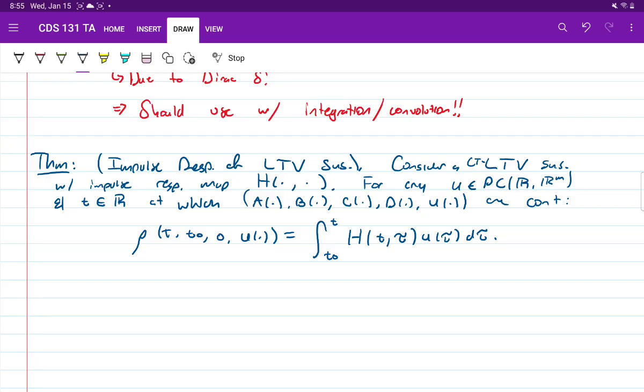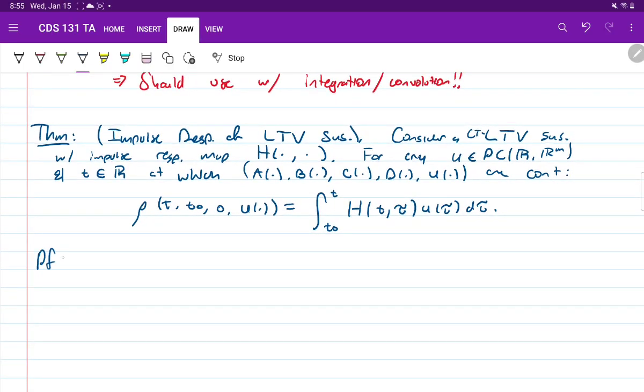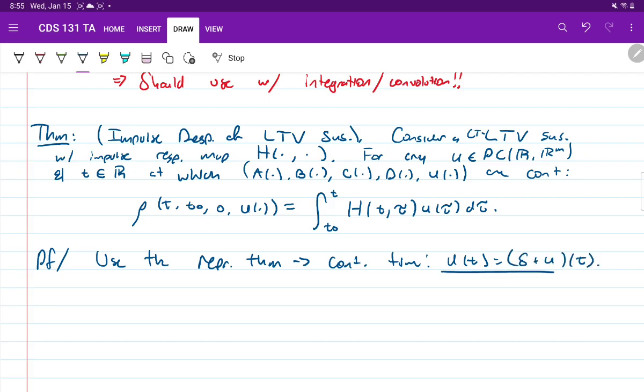Again, the basic proof of this is you use the representation theorem, but now in continuous time, which states that u of t equals delta star u of t. You could do a couple of manipulations there to get to this stage over here. I'll leave the details to you if you want to try it out. Otherwise, there's a more detailed proof sketch in the notes.